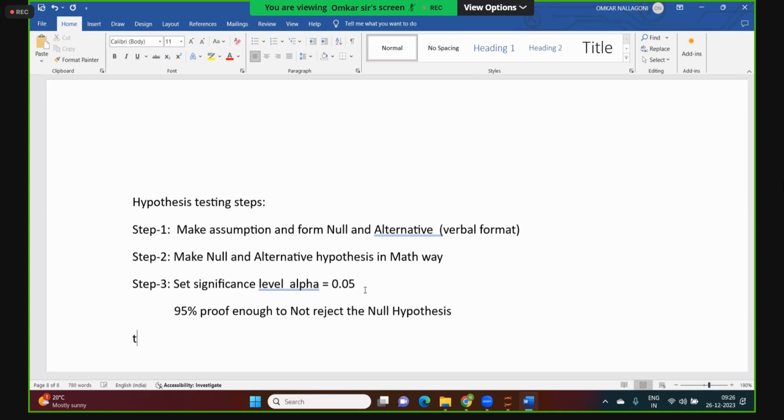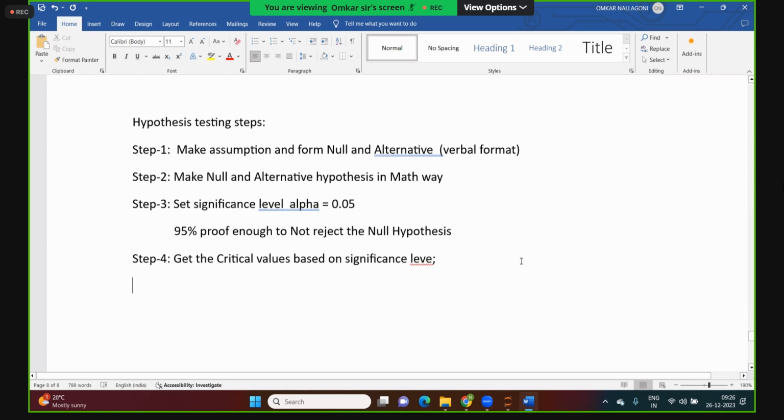Step 4: we need to get the critical values, right? Get the critical values based on the significance level. So what are the values for 95%?